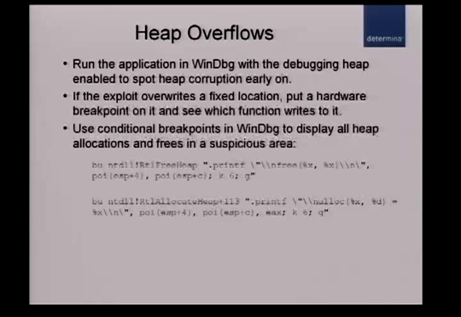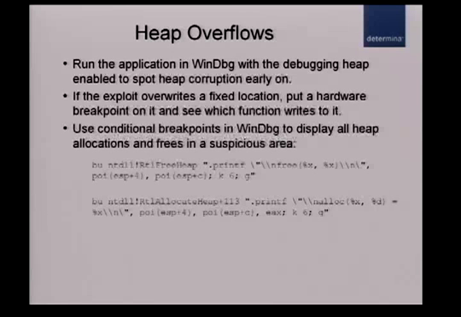There are a variety of methods for getting heap logs, but one that I use is these two conditional breakpoints in WinDBG that patch the free heap function and the allocate heap function, and basically they just print that there was a request for this many bytes and it resulted in this buffer, and they print the address of the buffer.